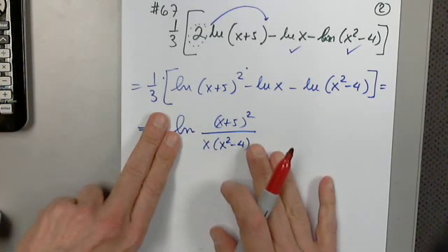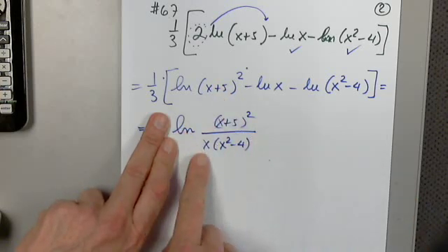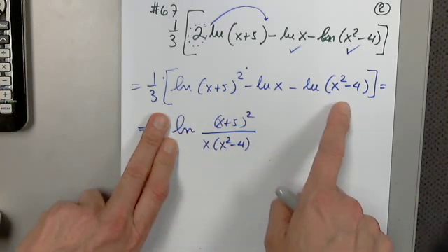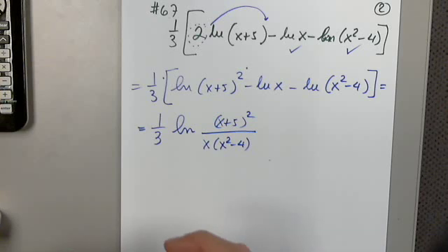Is this clear what we're doing here? If I want to expand it, I will have natural log of this minus natural log of x minus natural log of this. Is that better? I'm not clear. Why did you change that? What did I do? Where is my... Okay. Oh, here it is.